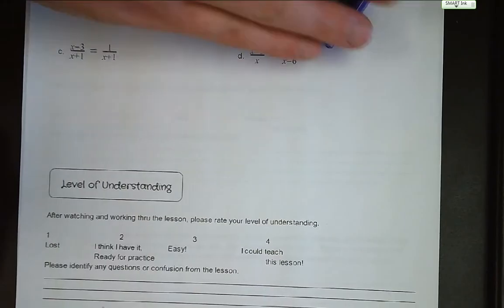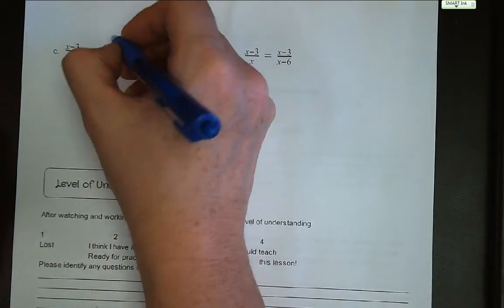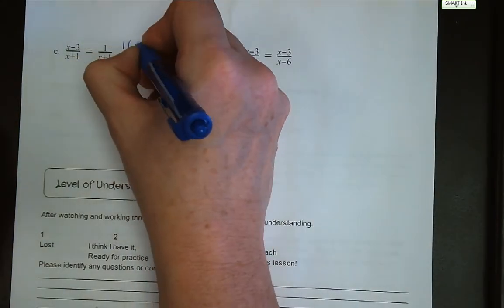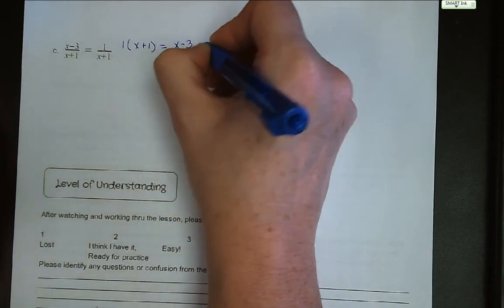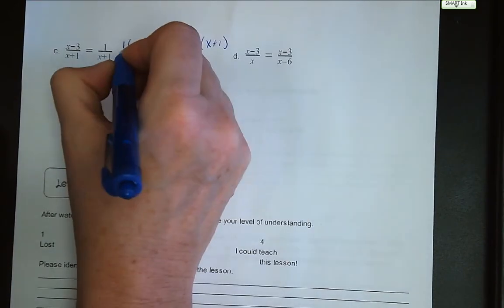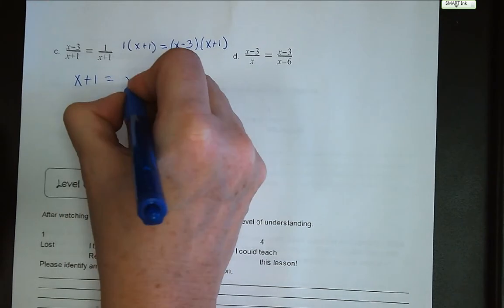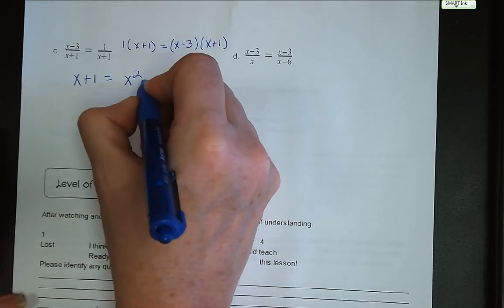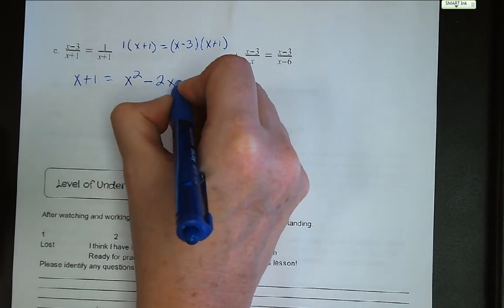Okay, so we got 2 more for you guys to do. Try them out, and then we'll go over them. So cross multiply: 1 times x plus 1, and then you've got x minus 3 times x plus 1. So x plus 1 is equal to x squared minus 2x minus 3.